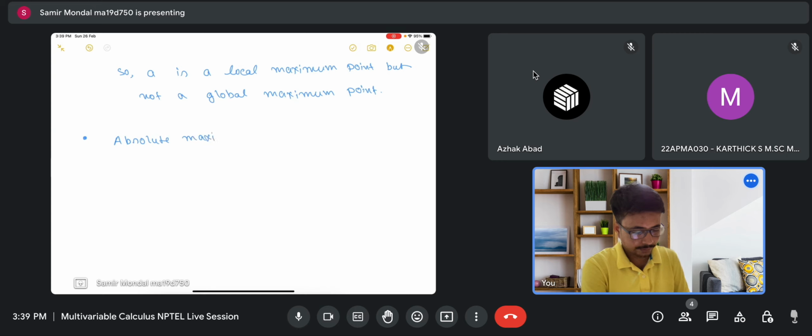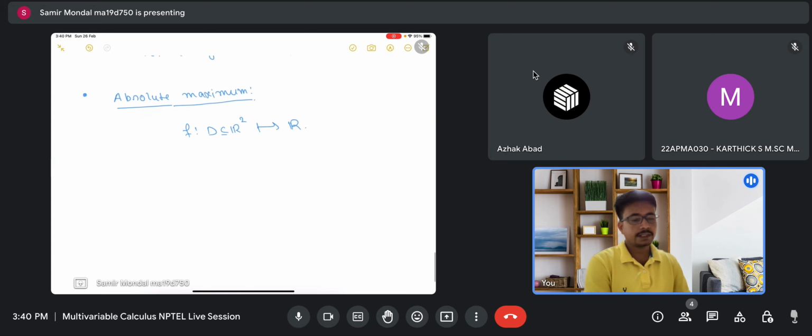Suppose you have a two variable function defined on a domain D, which is a subset of R2 to R. We'll say that f has absolute maxima at a point (a, b) from D if the functional value in one open disk of (a, b) is less than or equal to f of (a, b). That time we'll say local, but this time we have to satisfy it for the full domain D.